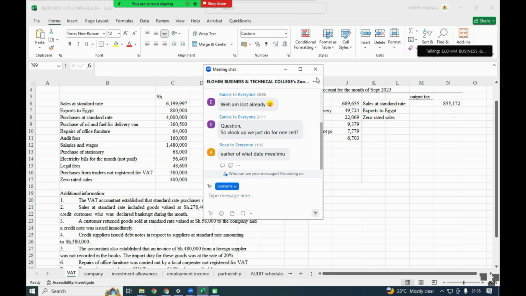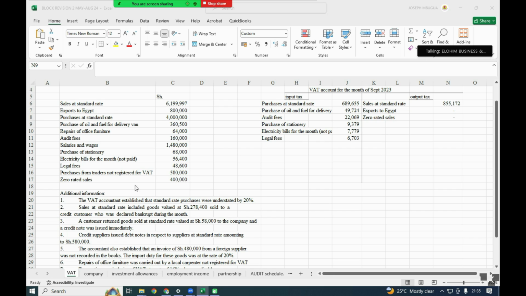Okay, the earlier of what date? The earlier of whatever precedes. When you talk about the earlier of, it's not about the date. Assuming you receive the bill today, that bill will be inclusive of the VAT. Whether we have made the payment or not, VAT must be accounted for.